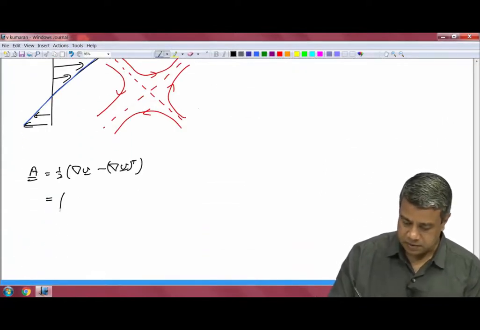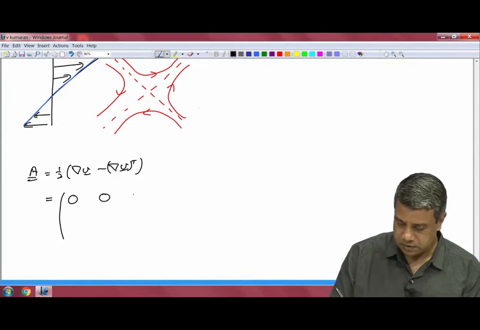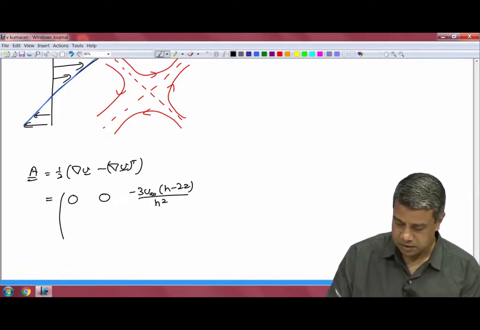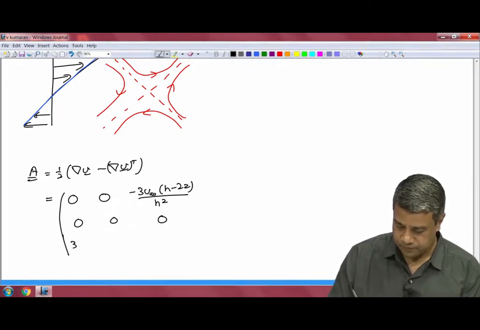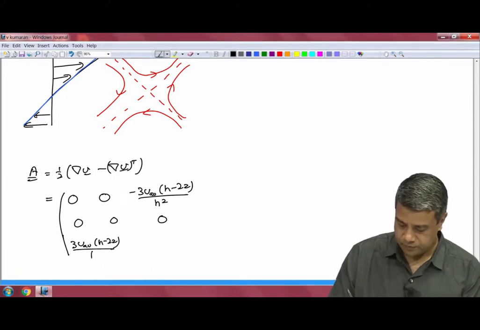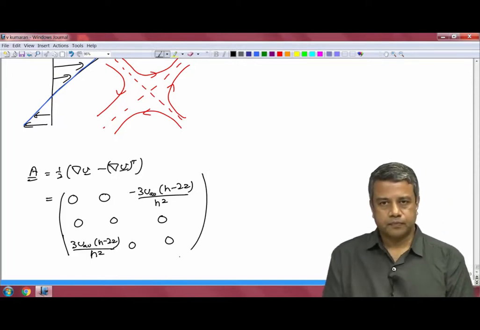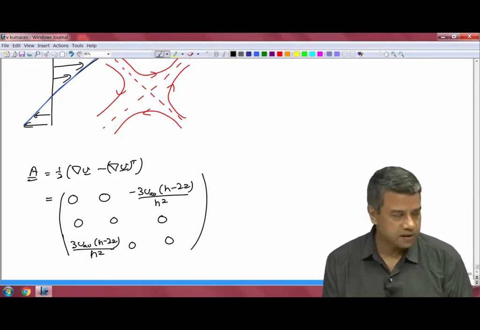So, this is going to be equal to 0, 0, minus 3 V average into (h minus 2z) by h square. So, this is going to be the antisymmetric part.